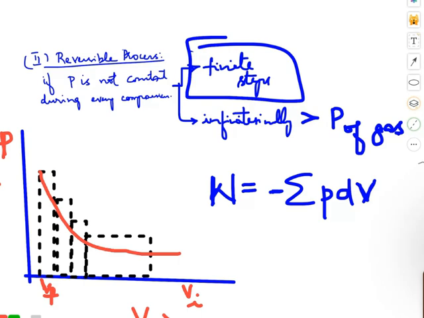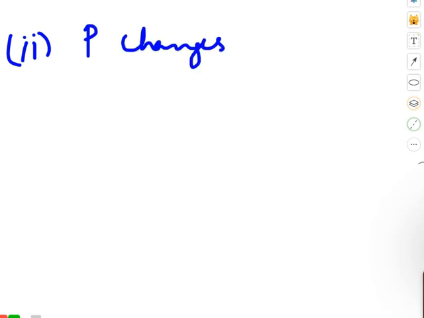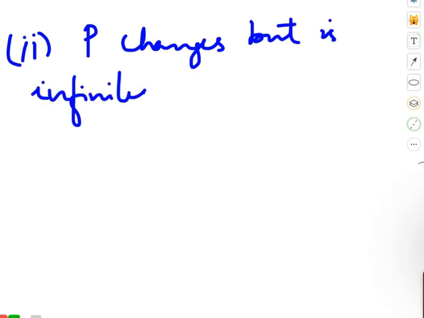The second one is when the external pressure is infinitesimally greater.